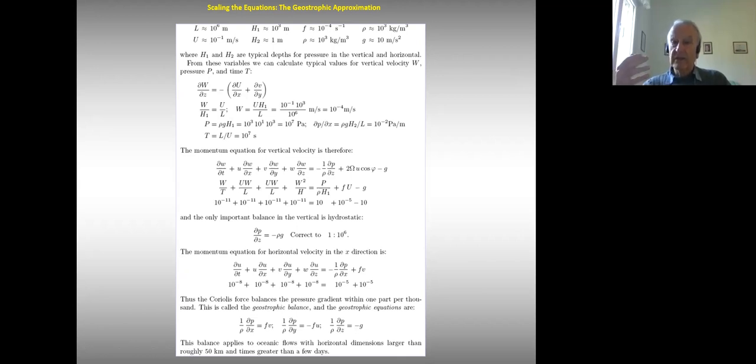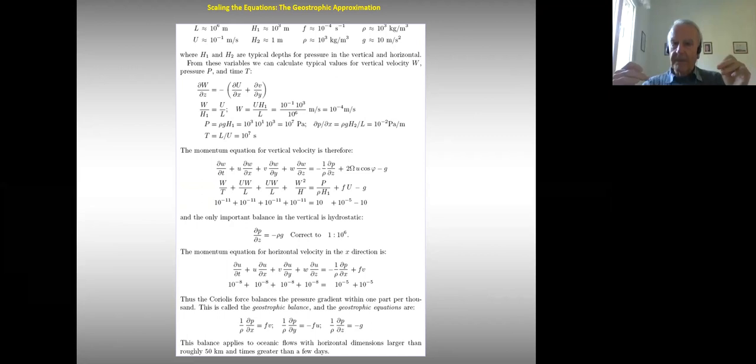That means that the geostrophic balance applies to oceanic flow very strictly, or pretty strictly, if you are dealing with very slow processes which change on a time scale of 100 days and 1,000 kilometers.